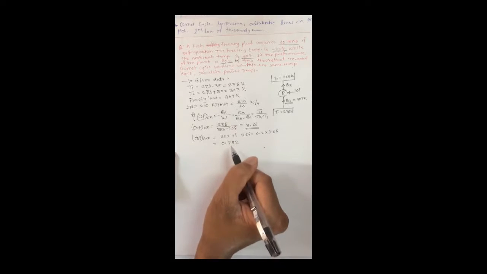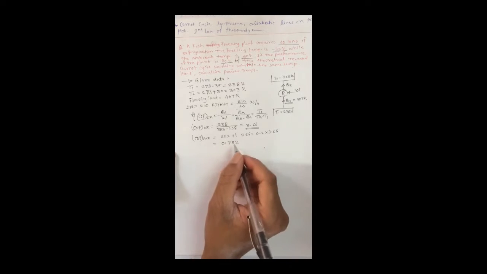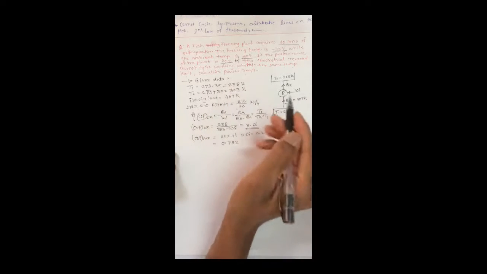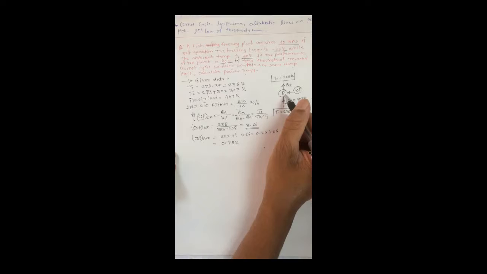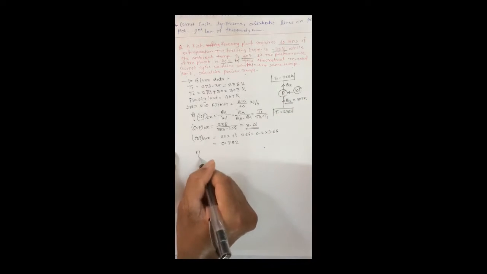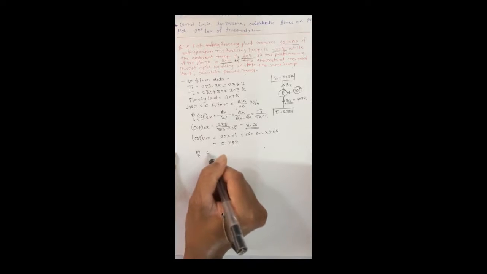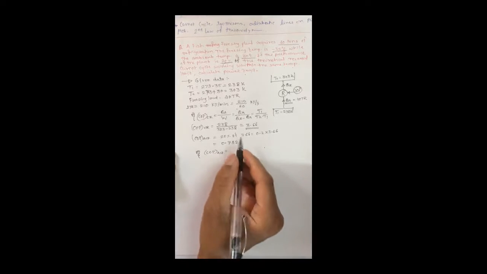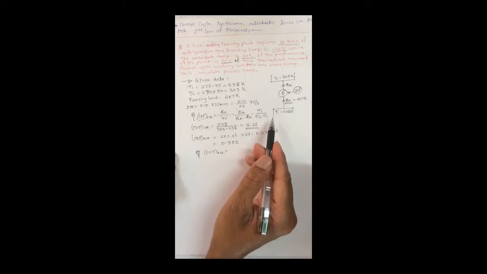so it will be 0.732. Now they ask us to calculate the power required, meaning whatever work input we have to give the refrigerator. For that we can use the formula of COP actual. Here we use actual because we are calculating for the actual cycle.